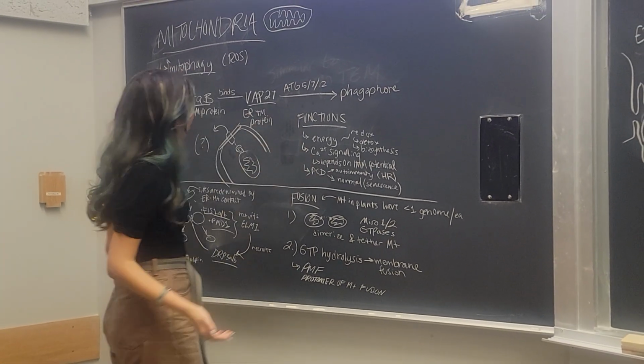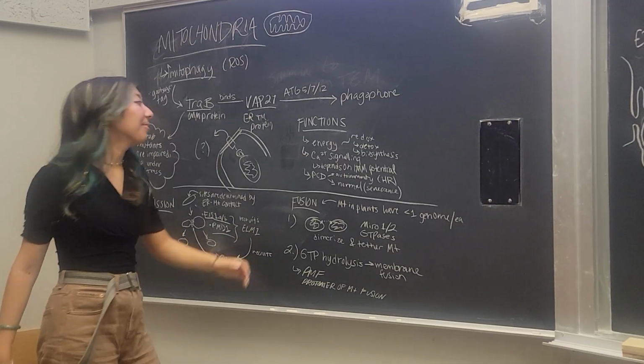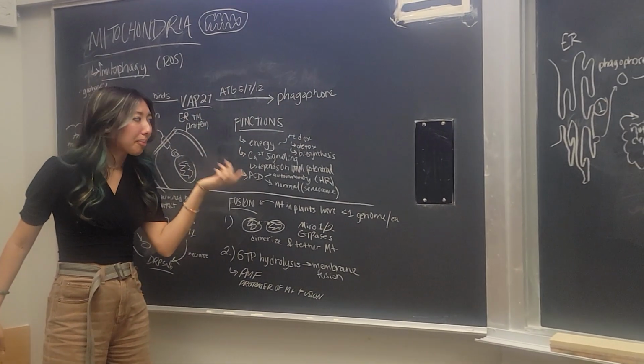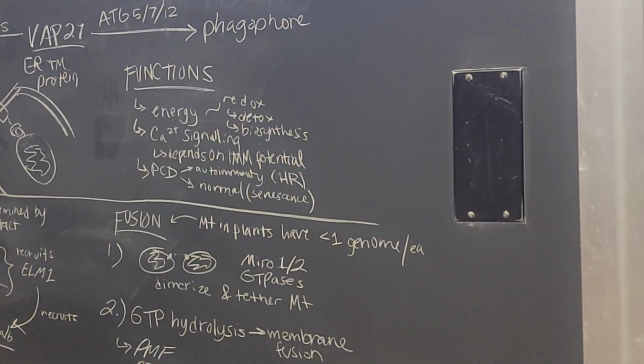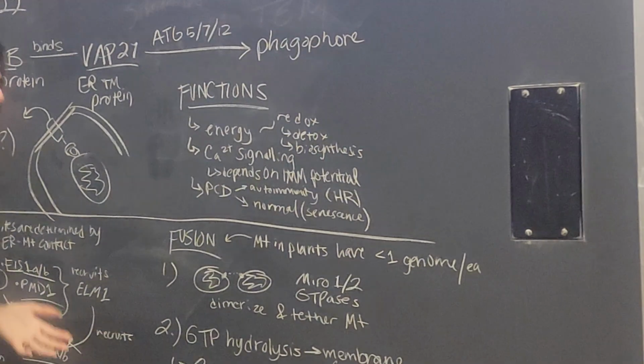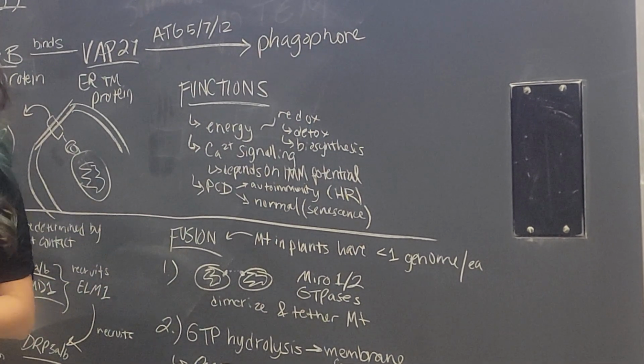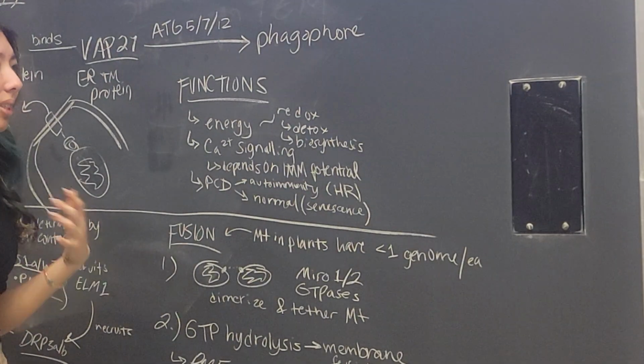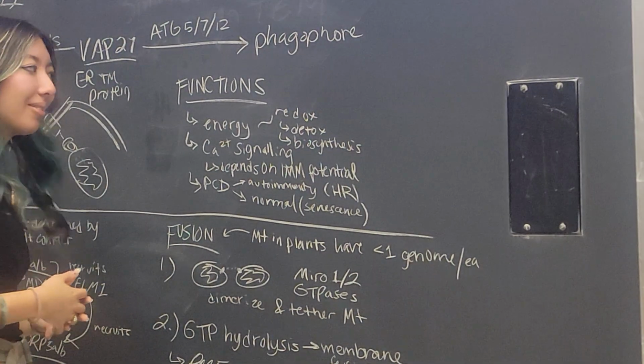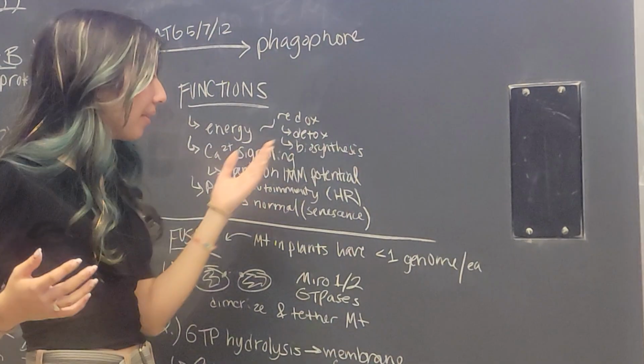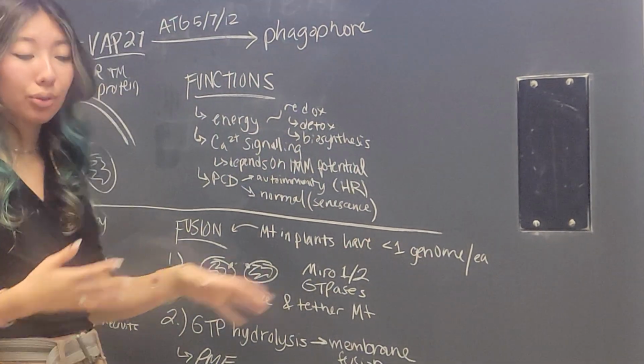What are some functions of the mitochondria? Moving on. We have energy, obviously the powerhouse of the cell. And that's related to redox. We're going to be making reactive oxygen species as we do our TCA. TCA happens there. Electron transport chain things happening. Detox, biosynthesis, those are all related.